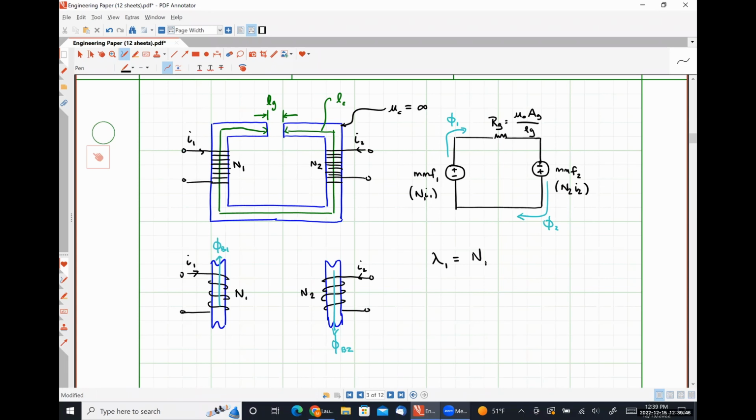So I'm going to put here phi total. And we could see that that's going to be N1 times flux 1 plus flux 2.